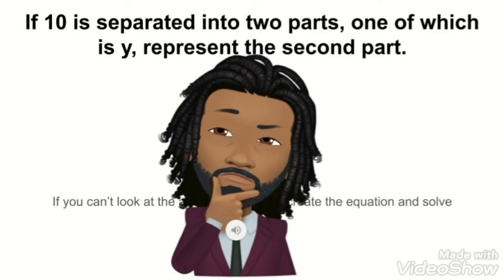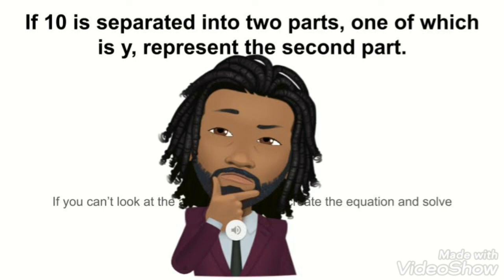The two parts are the x and y. When it comes together, it is 10. So that is the equal sign. X plus y is 10. If y represents one part, then go ahead and represent the second. And that should be 10 minus that y, right? Represents x. 10 minus y equals x.